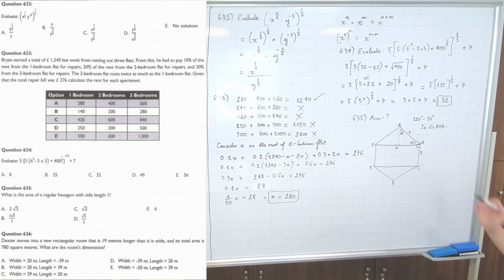Sin, chính xác. The opposite divided by the hypotenuse is sine. Sine of this number is 30 equal to AH divided by this AB. Sin 30 là bao nhiêu? What is sine 30?